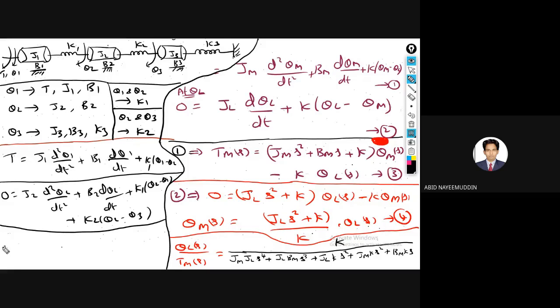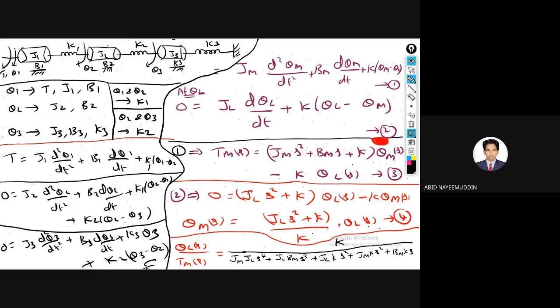And now finally the last equation is 0 is equal to J3 into d theta 3 by dt all whole squared plus B3 into d theta 3 by dt plus K3 into theta 3 plus only one common element, that is K2, which is now with respect to theta 3 minus theta 2.